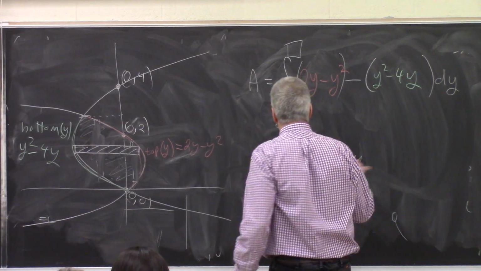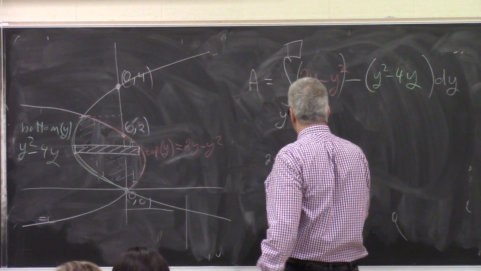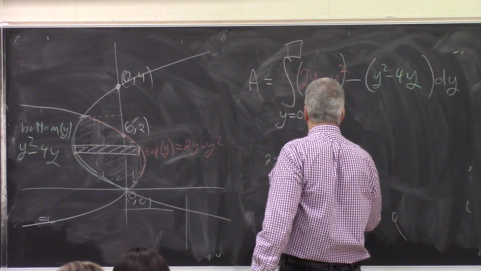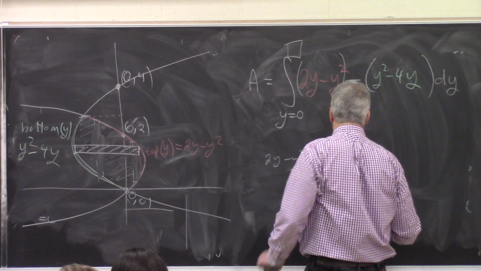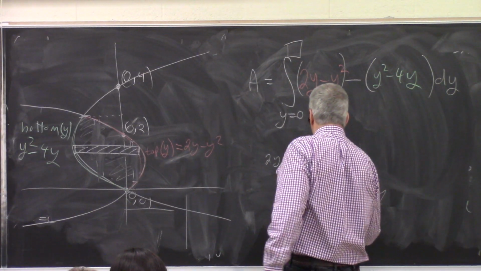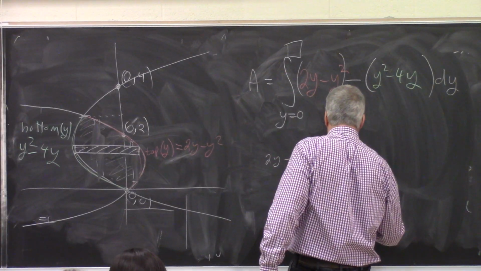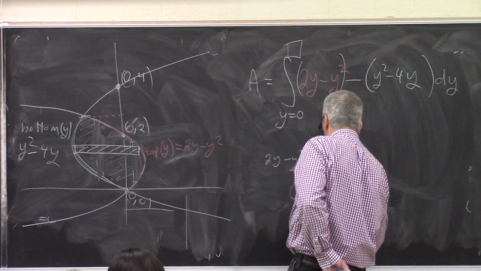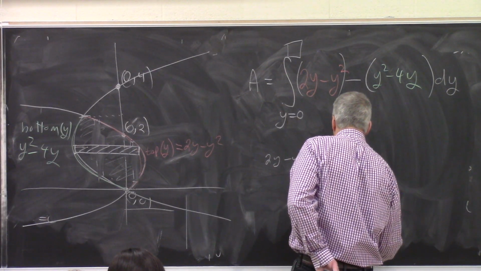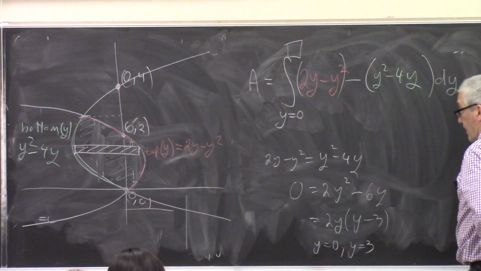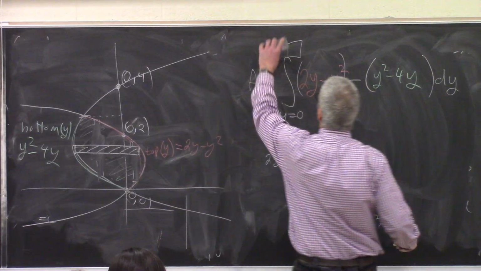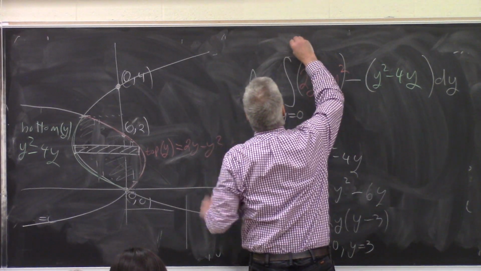So let's subtract this from both sides. So I get 0 equals 2y squared minus 6y. So 2y times y minus 3. So y equals 0 or y equals 3. Those are the two y values where those graphs cross. So we integrate from 0 to 3.